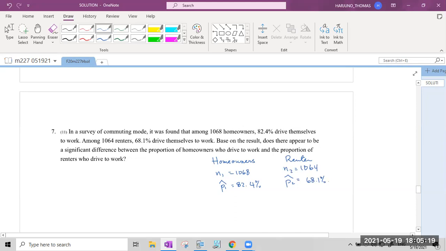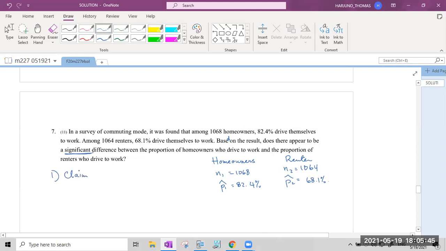Now, based on the result, does there appear to be a significant difference, at 5%, between the proportion of homeowners who drive to work and the proportion of renters who drive to work? That's the claim.